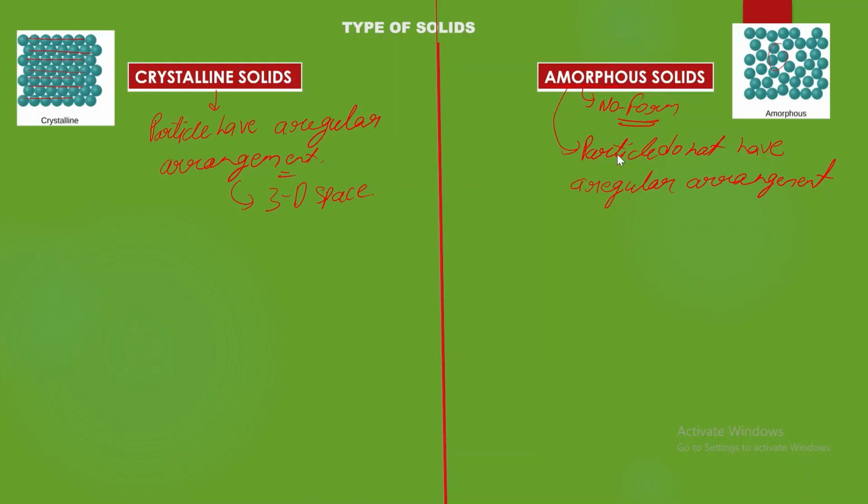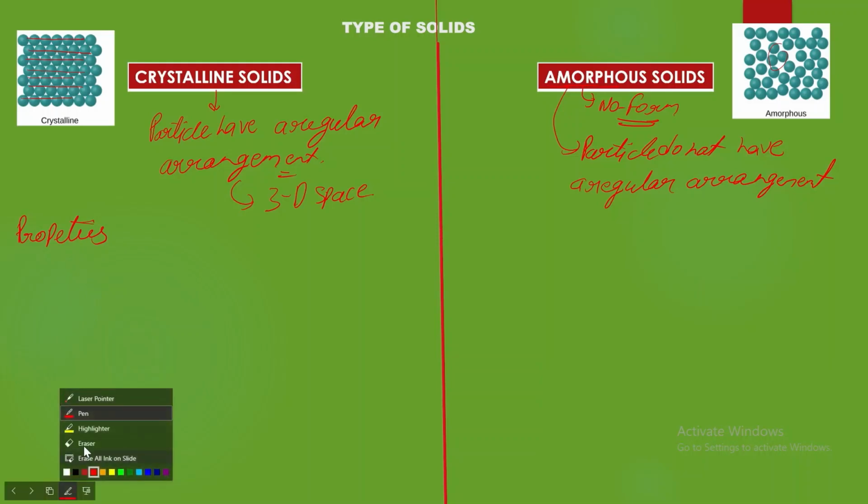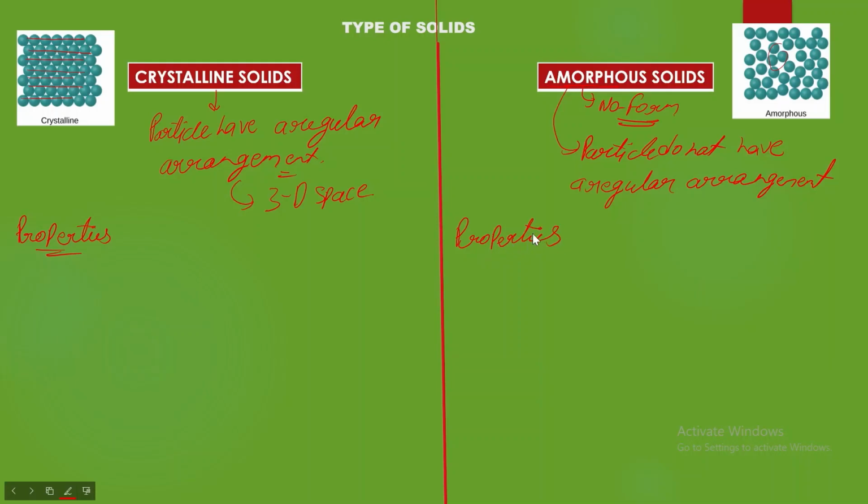Now, the properties we are going to discuss: first, properties of crystalline solids and properties of amorphous solids.